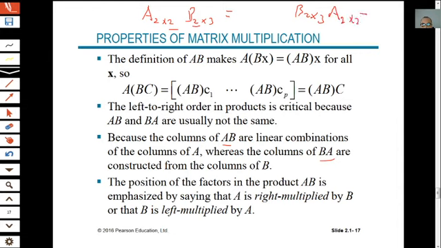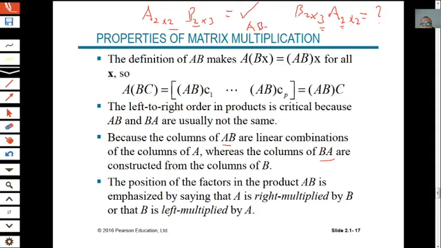So it is not defined because you don't have the common number, namely the number of columns is not equal to the number of rows of the second one. Therefore B times A is not defined. A times B is defined. Therefore we have different results when we change the order of the matrices in a product.